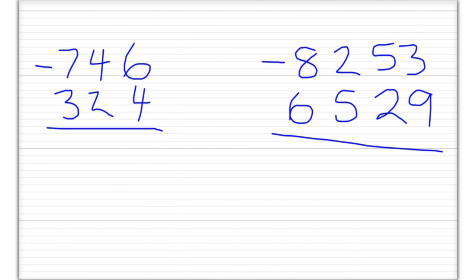First problem, we look at 6 take away 4. So 6 minus 4 is 2, 4 minus 2 is 2, and 7 minus 3 is 4. That's pretty easy. We get an answer of 422.